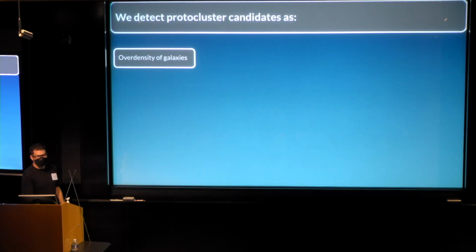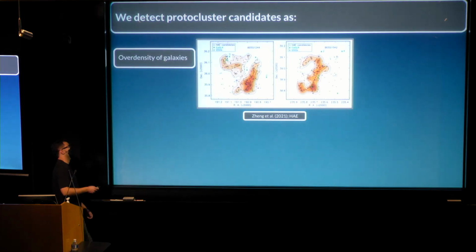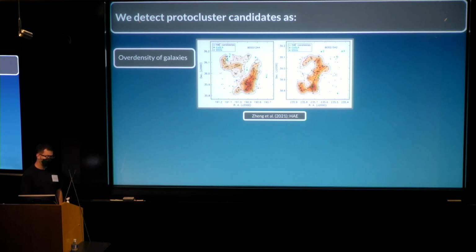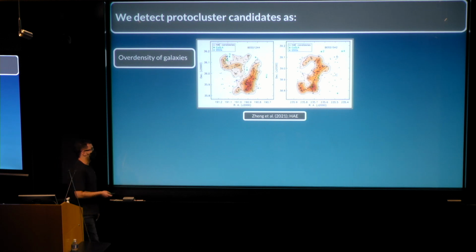So to detect protocluster candidates using observations, we search for overdensities of galaxies. There are many techniques that depend on the available data that we have. Based on photometric bands, some of them are very efficient.